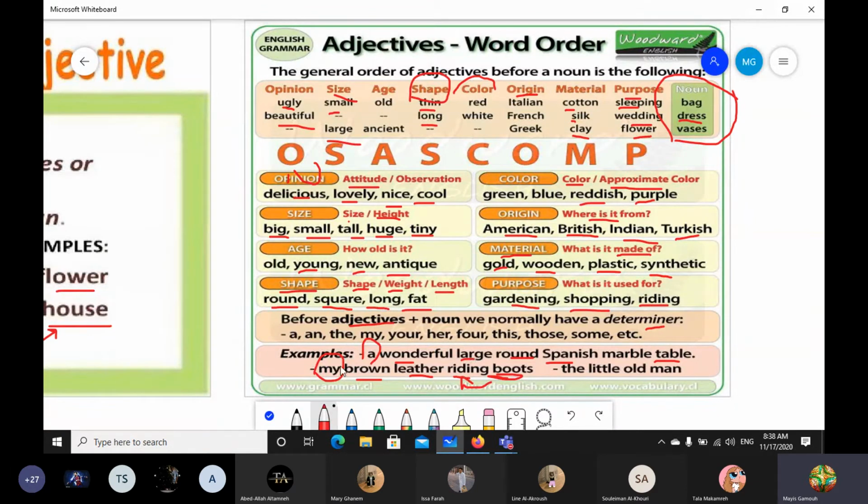So here I place the color, the material, the purpose, and then my noun. The little old man, here I use the determiner the, little is the size, old is the age, and my noun at last.